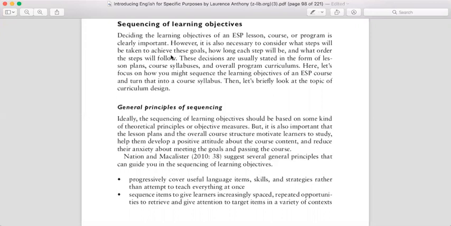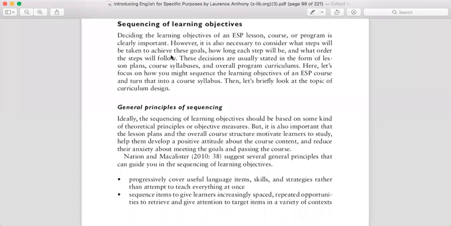We are going to read about some of the general principles of sequencing. There can be a number of bases on which you can sequence your ESP course syllabus and later the curriculum.